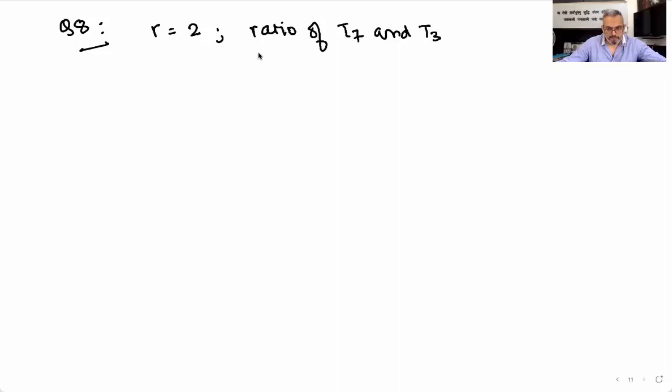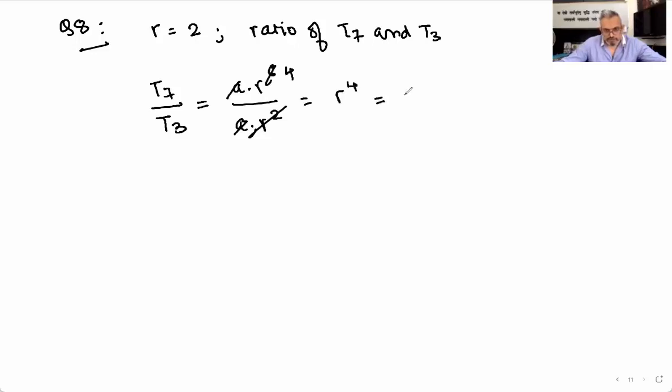Now, sorry, ratio of T7 and T3. So T7 upon T3 is equal to A into R raised to 6 upon A into R square, which is equal to, A cancels, this will become R raised to 4, which is equal to 2 raised to 4, which is equal to 16 upon 1.